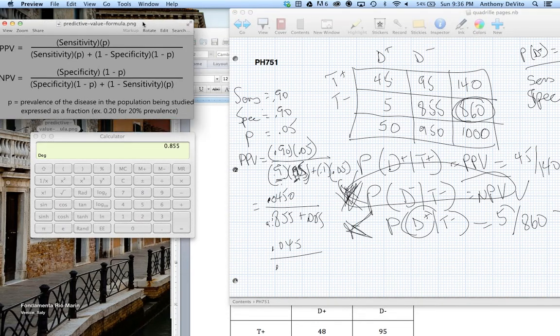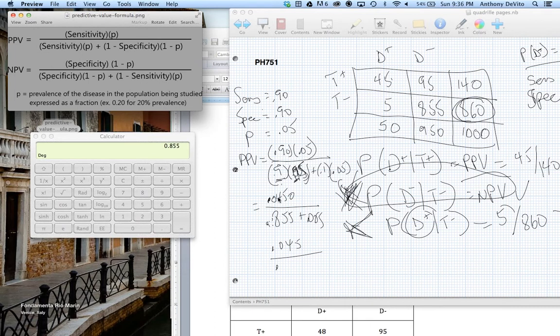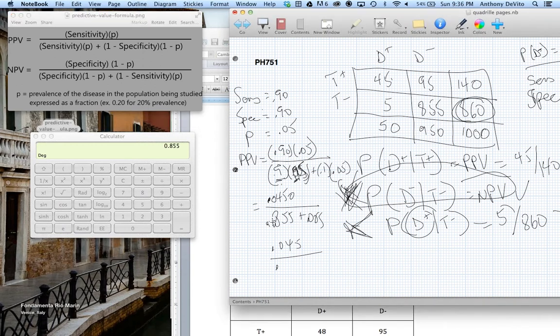The positive predictive value is equal to the sensitivity times the prevalence, 0.90 times 0.05, which comes out to 0.045, divided by the sensitivity times the prevalence, which is also 0.045, plus 1 minus the specificity, which is 1 minus 90%, so 10%, times 1 minus the prevalence, which is 0.95.